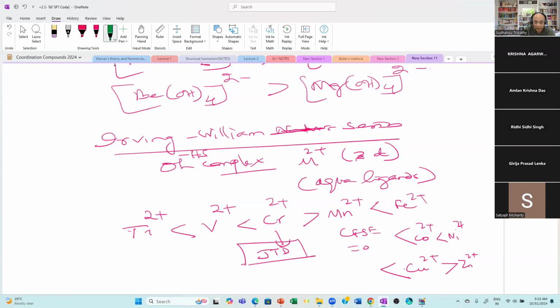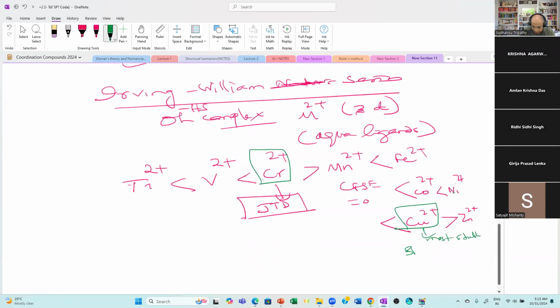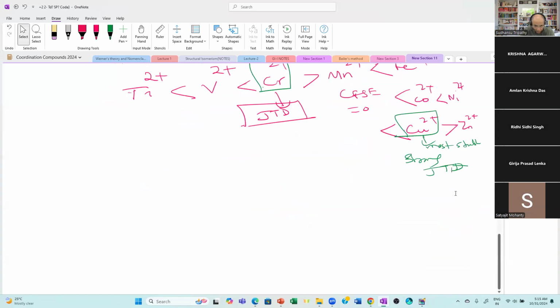So the peak point comes here and here, most stable. Strong Jahn-Teller distortion. And if you remember the peak like this, this is the stability constant, the Kf of M2+.